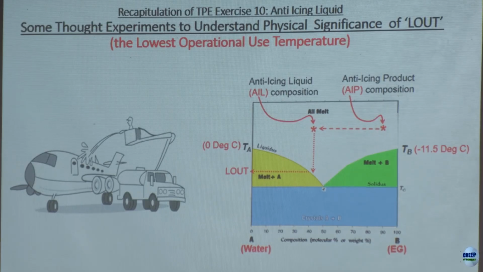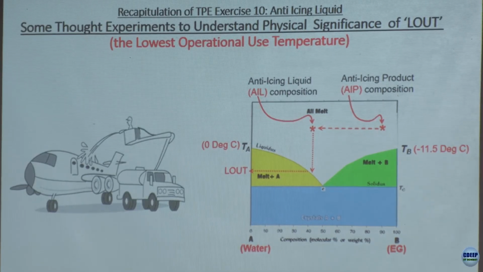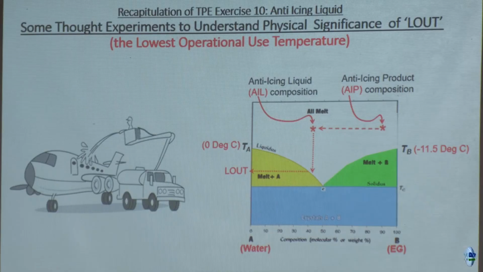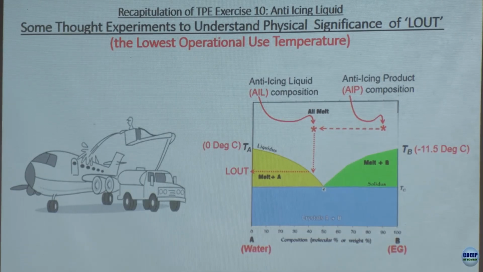Here the problem which I had given, the concentration was 90% mole weight fraction of the ethylene glycol, and the recommendation was that you mix about 50-50 of water with this, so that you get an anti-icing liquid which is about 0.45 mole weight fraction of ethylene glycol.